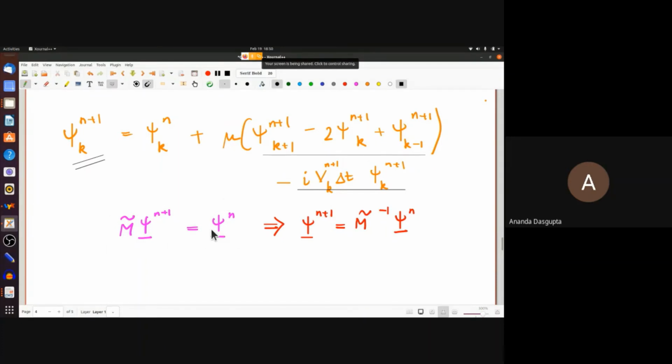This psi bar is simply the column vector. Remember again, just the middle part, not the 0th and not the n minus 1th. And this is a set of equations I have to solve to get psi bar n plus 1, but these are simultaneous equations. Just invert the matrix, apply it, you're done. Not the most clever way of solving these equations because these happen to be a tridiagonal set of equations, sparse equations, and there are many cleverer ways of solving this.